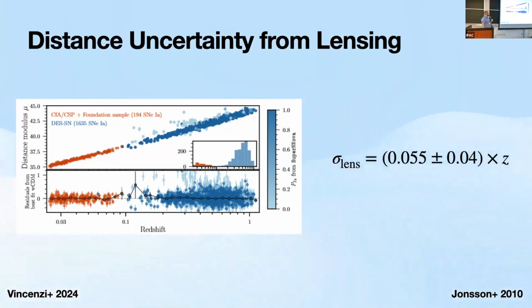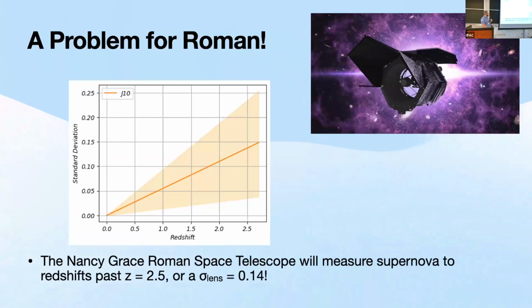The problem, though, is if you get above redshift 1, particularly by the time you get to 2.5, where Roman is still looking, this becomes the dominant scatter in supernova cosmology. And so there's quite a bit of uncertainty here, such that if this was on the higher side, this would be the dominant scatter in our measurements well before redshift 2.5.